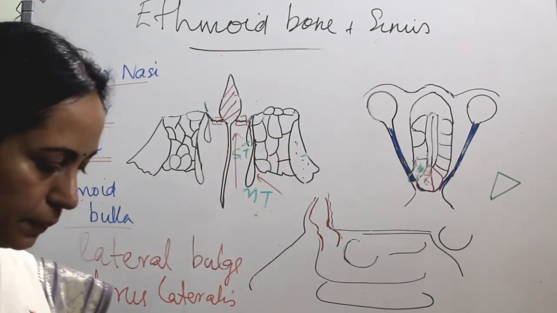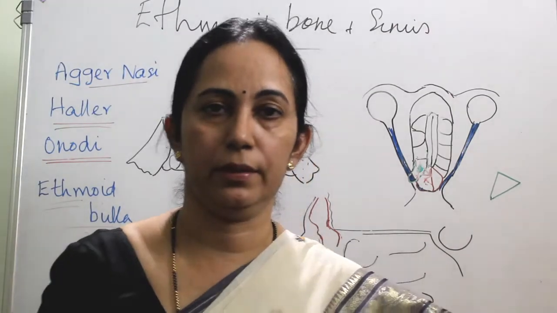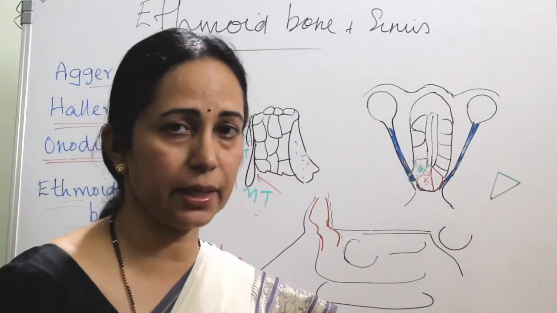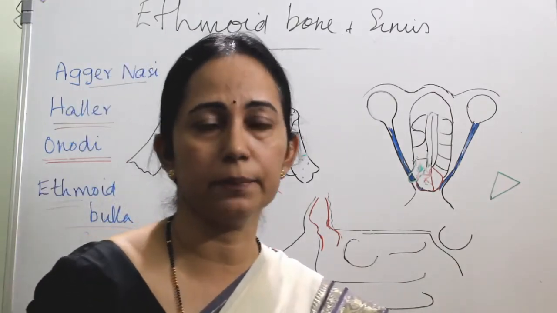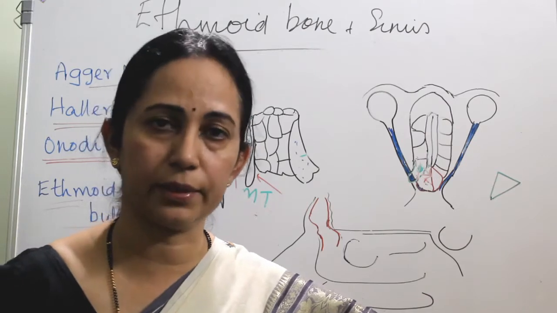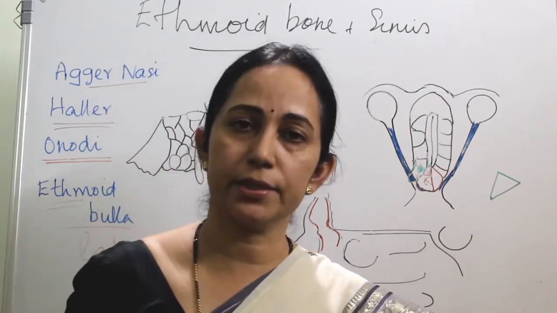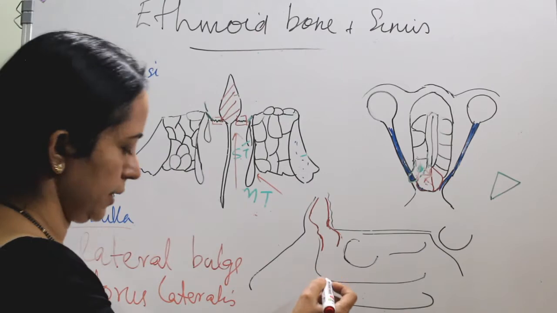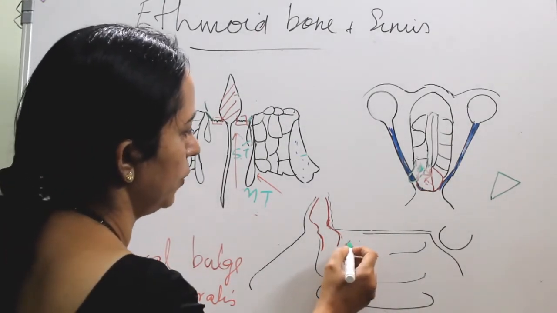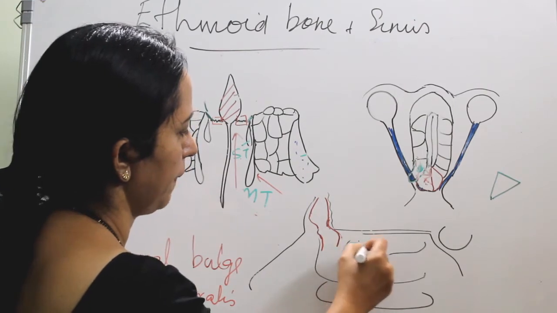Of the anterior group, it is the most constant one, anterior to the basal lamella. I will explain it again when I explain it along with the middle turbinate. So that is the most constant anterior group ethmoid air cell, which lies anterior to the basal lamella. And here this is the ethmoid bulla, this one.